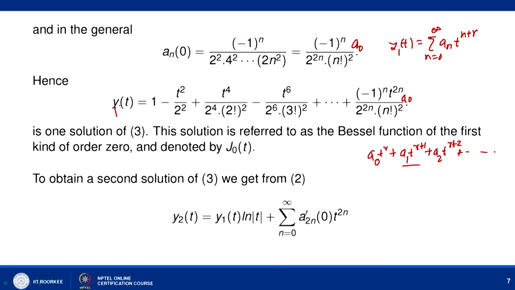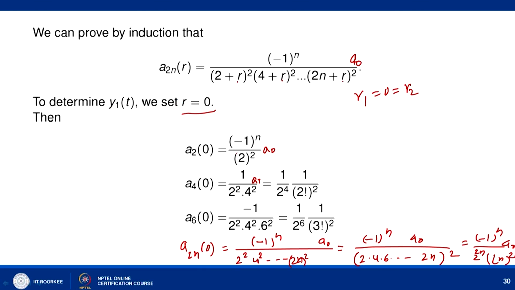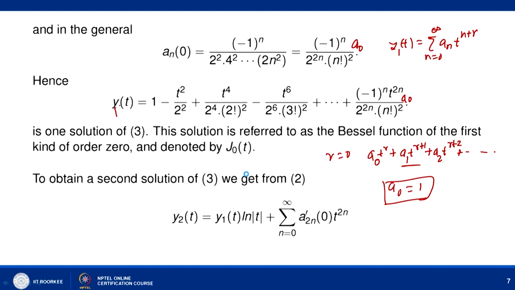Now we already know that the odd terms are gone, and r equal to 0 here. So if we take a0 as 1, then we can write our solution as y1(t) equal to 1 minus (t square upon 2) whole square. Here we are using the value of a2, which we have already calculated, minus 1 upon 2 square. So here we are using 1 minus t square upon 2 square plus a4 as 1 upon 2 to the power 4, factorial 2 whole square, and so on. So in this way we can calculate y1(t).